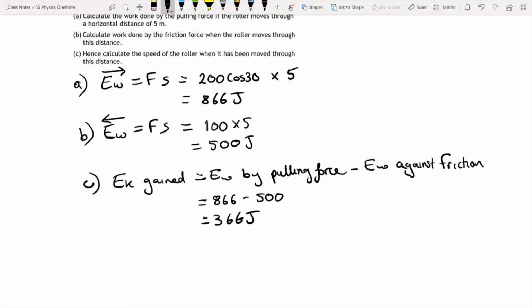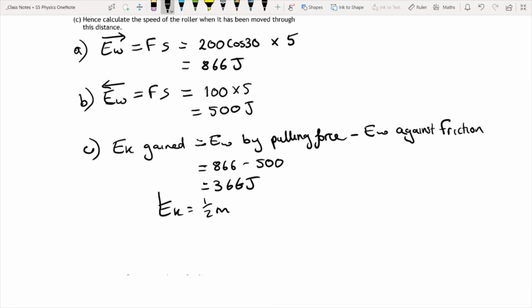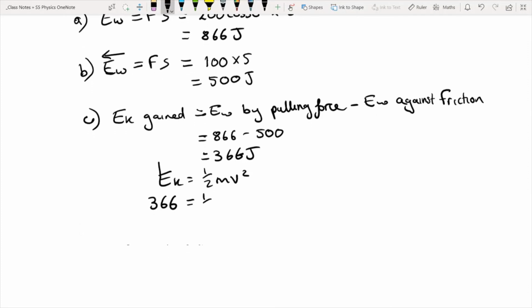Joules. Okay, but that's not it answers the questions. It asks you to calculate the speed of the roller when it's been moved through this distance. So kinetic energy is half mv squared. So the kinetic energy gained, 366, is half times by the mass of the roller, which is 100, times by the speed squared.